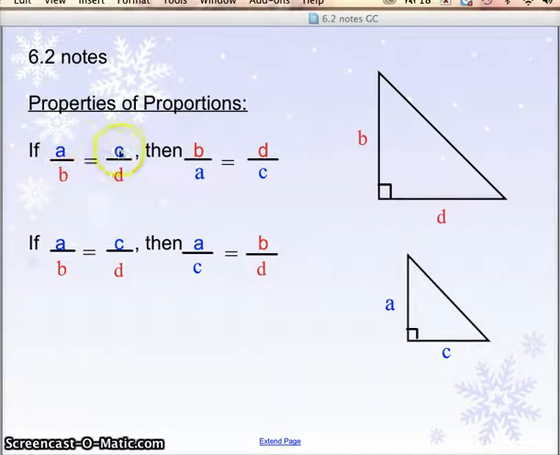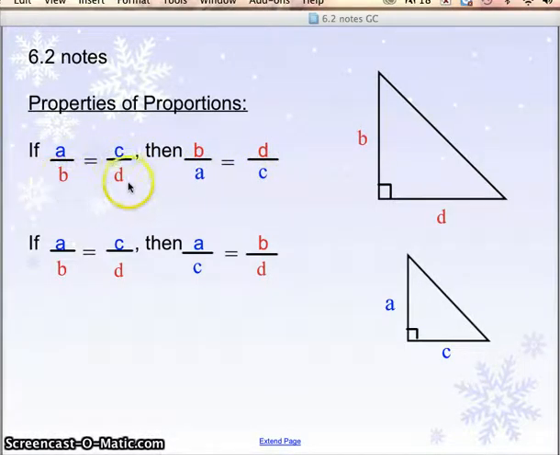So here's the first property. We have A over B equals C over D. And then all of a sudden, this ends up equaling the same thing as B over A equals D over C. I tried to color code it for you, but here's another way of looking at it. You see how the blues are on top and now the blues are on the bottom?